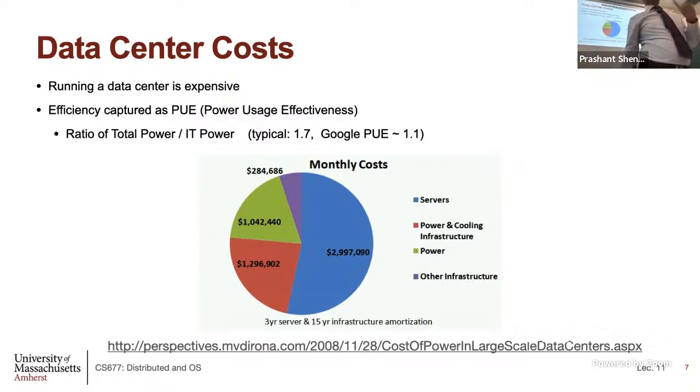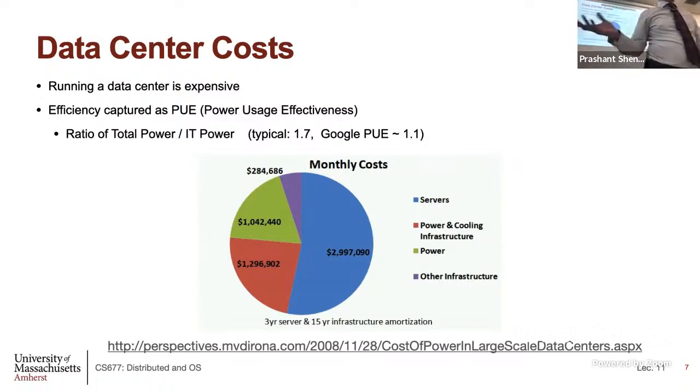That means that all the electricity going into a data center is powering the servers, and servers are what do the useful work in your data center. But often you will see that some older data centers have a PUE of 2. What that means is for every unit of electricity your server consumes, there's an additional unit of electricity that's overhead, going into cooling the data center and doing some other things.